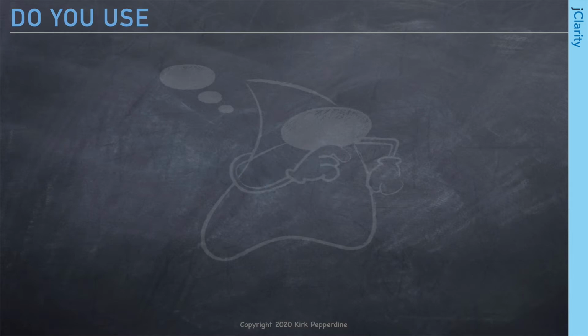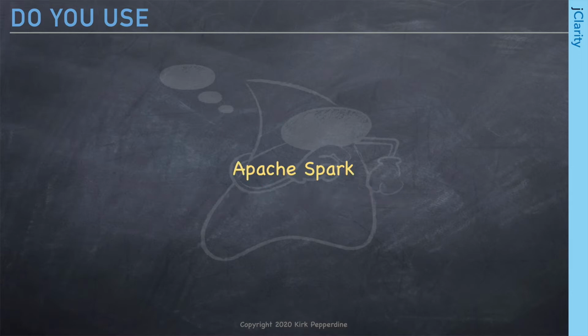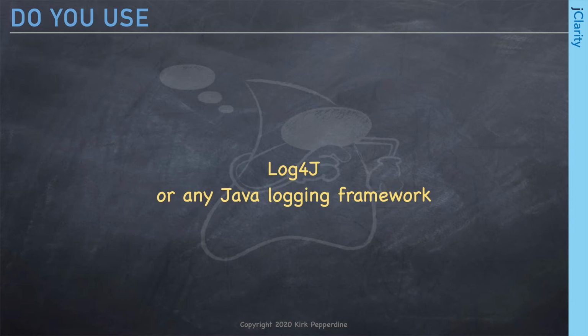So the question is, do you use Spring Boot, Cassandra, or any other big NoSQL solution for that matter? We don't want to pick on anything in particular, right? Apache Spark, the big data solutions, or any of the big data frameworks, Log4j, any Java logging framework for that matter.